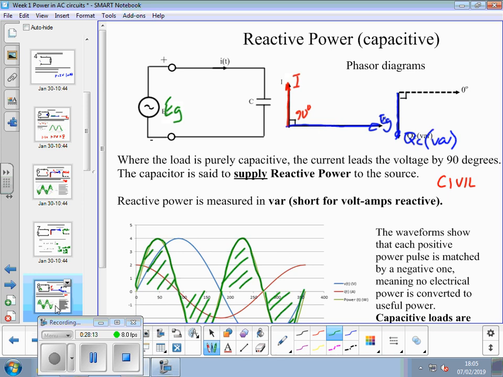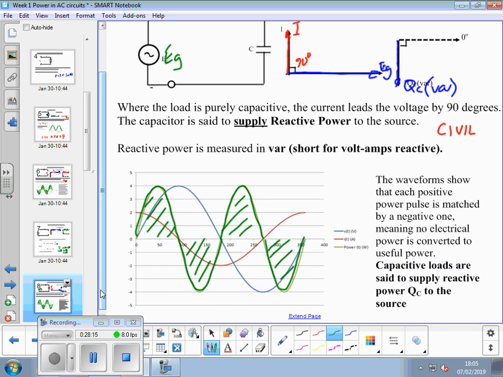Later on, we'll look at where we have both components in the circuit. The waveforms show, again, that each positive pulse is matched by a negative one, so no electrical power is converted to useful power. But capacitive loads are said to supply reactive power to the source.